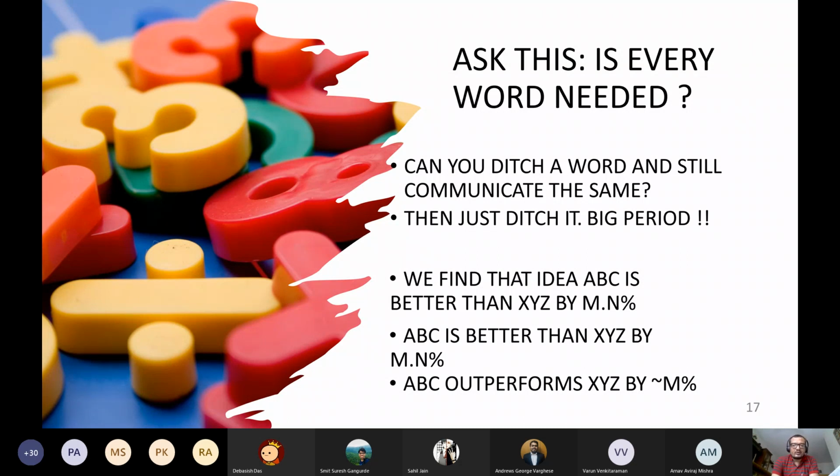Your goal should be to find something pretty simple and short. For example, instead of "We find that idea ABC is better than XYZ by, let's say, M%," a better way to put it for a presentation is "ABC is better than XYG by M%," or you can just say "ABC outperforms XYJ by approximately M%."